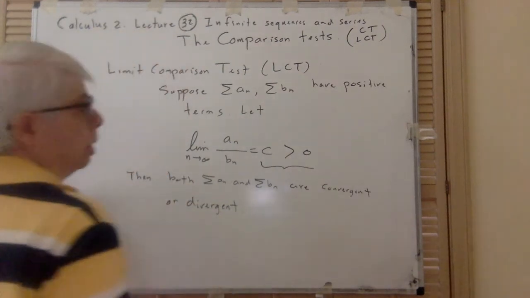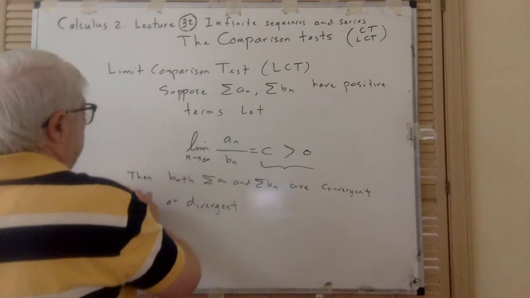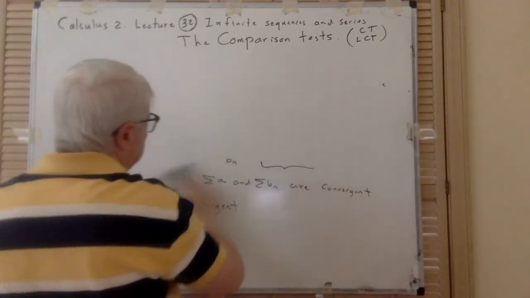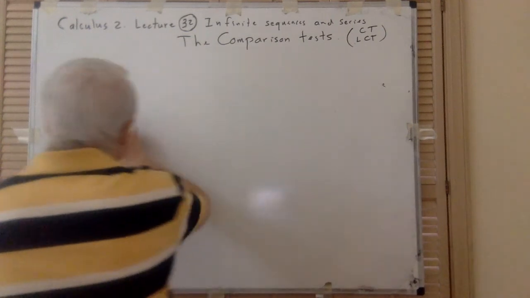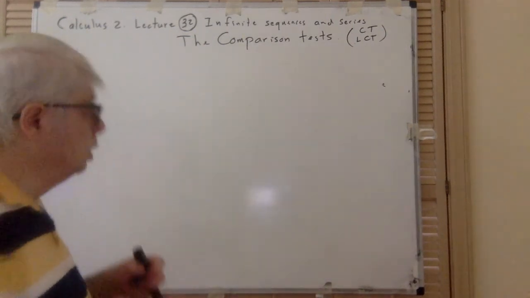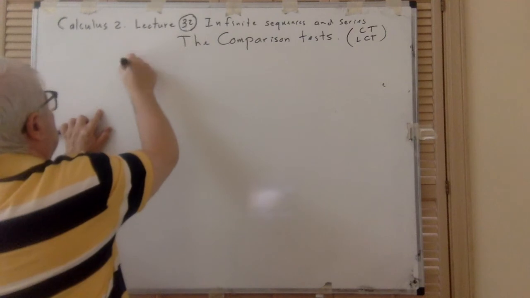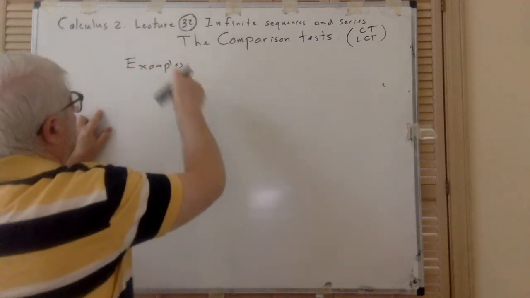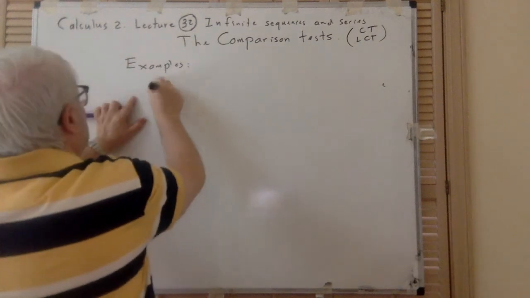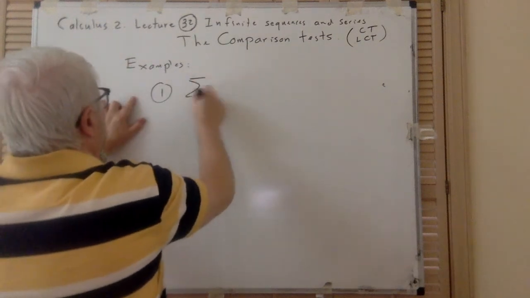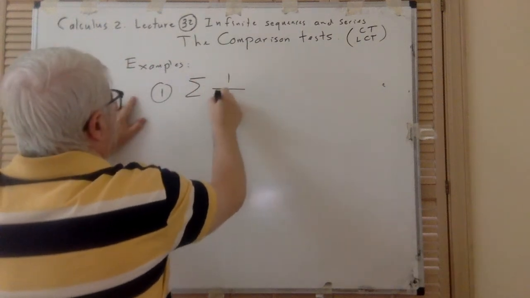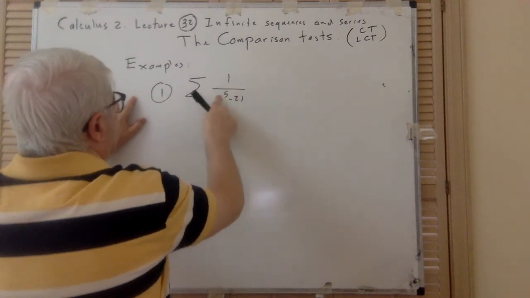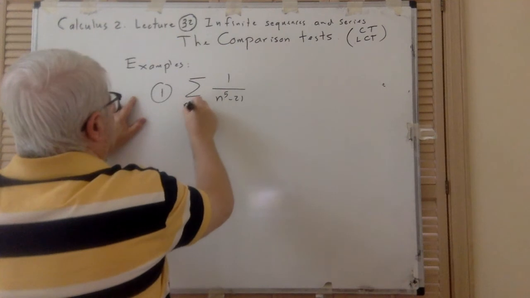In fact, let's go back to the example I gave you. So examples. The one I gave you, sigma, what was that? 1 over n^5 minus 21, right? And n starts at 2.